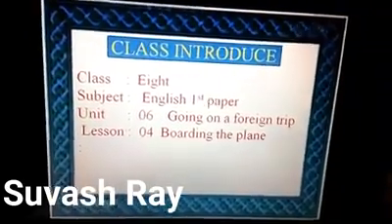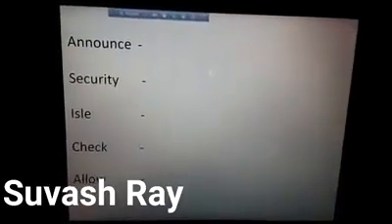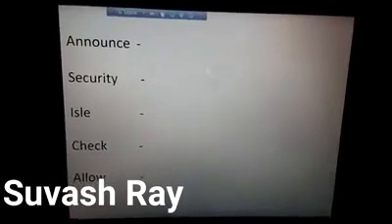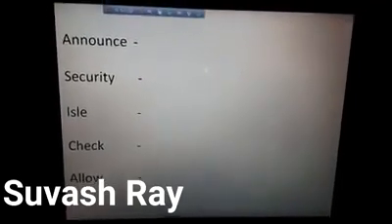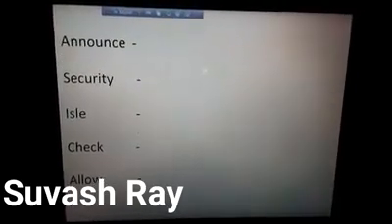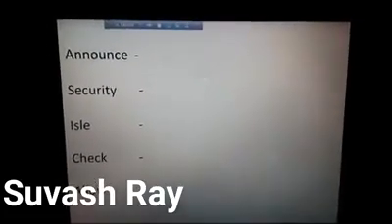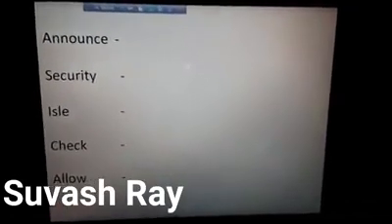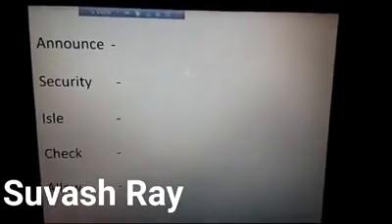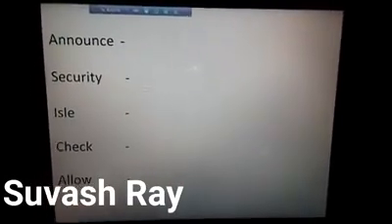My dear students, before reading the passage, we should learn some keywords. There are so many keywords in every passage, so if you learn the keywords and vocabs first, it will help you to find out the meaning of the passage.